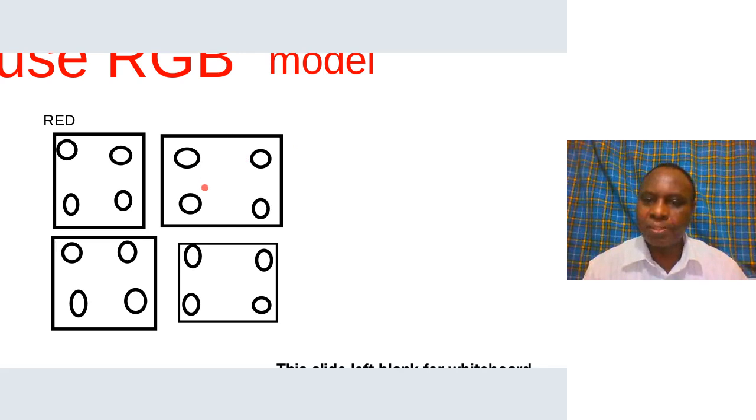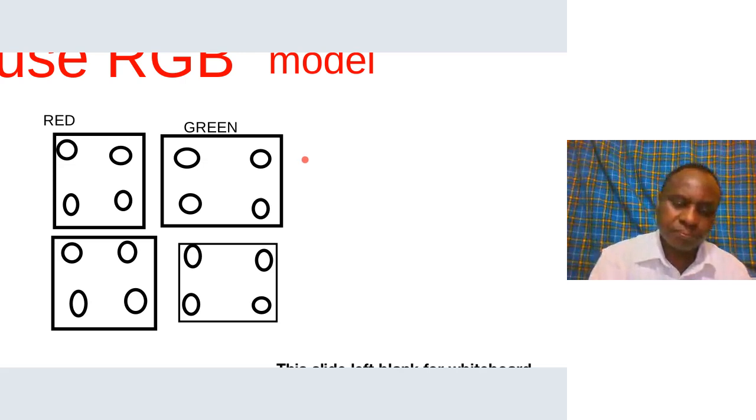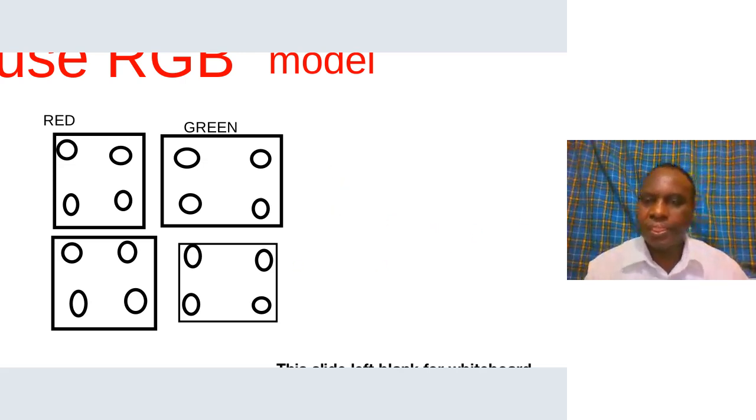And for this one, let's say they are green. If the pixels have the code of green, so each pixel is green, then the whole of that part will be green. The same with the others, of course.